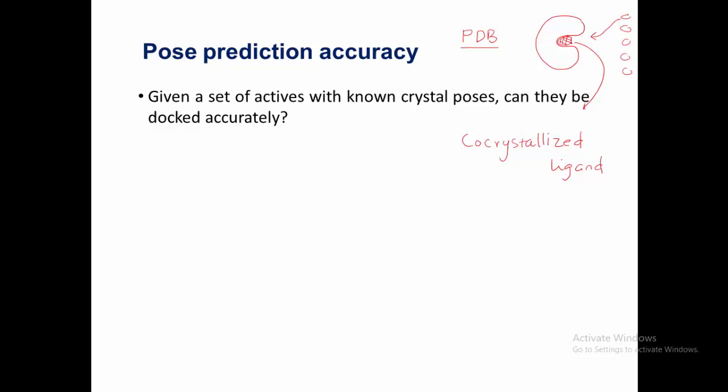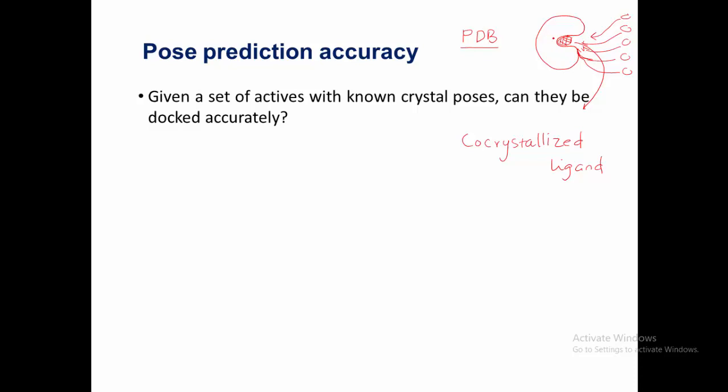So the software will know the binding site based on the co-crystallized ligand. So your ligands will be docked in this binding site because the software knows that this will be the binding site because of the presence of the co-crystallized ligand in the binding site.